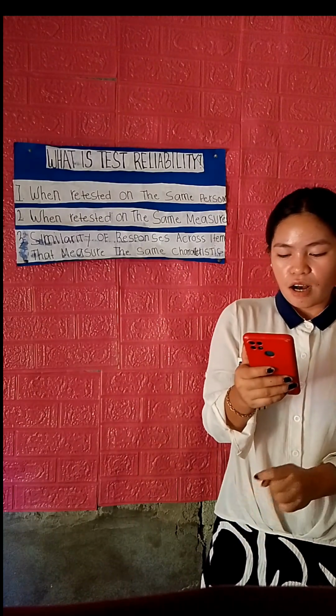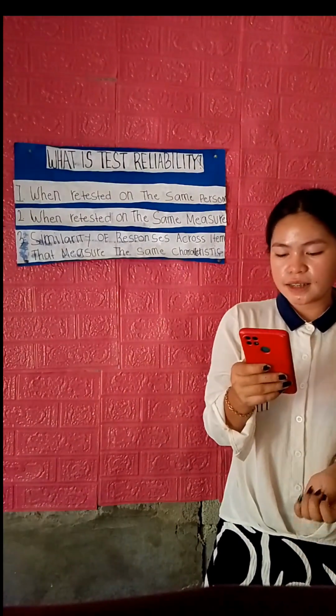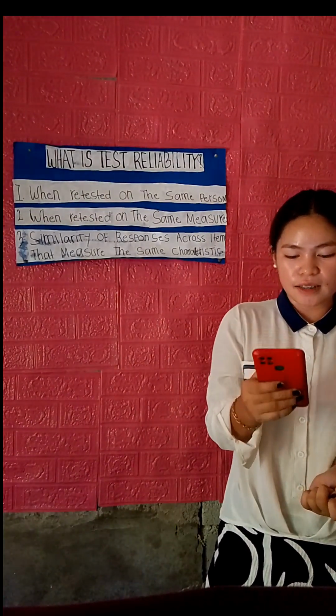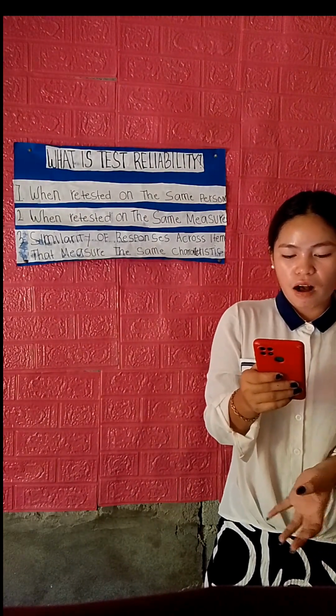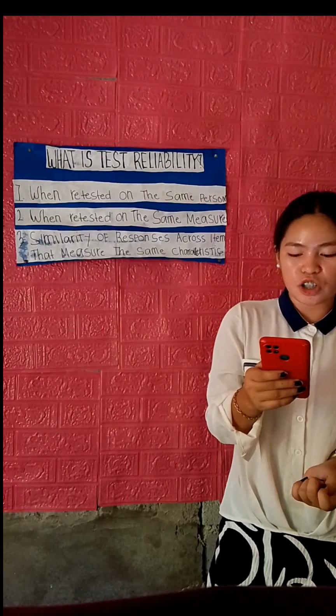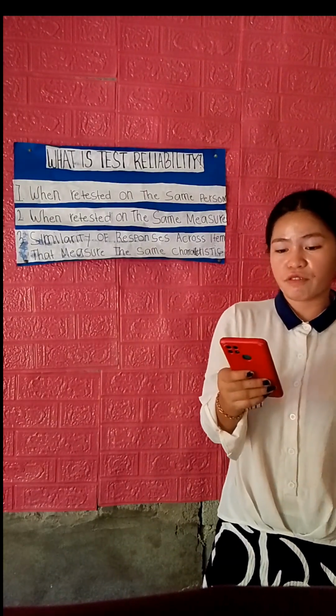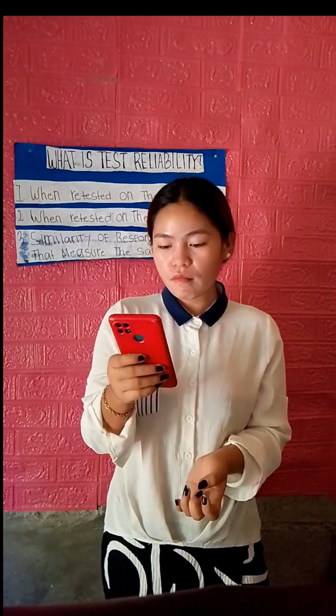For example, the color blindness test for trained pilots should have high test-retest reliability because color blindness is a trait that doesn't change over time. So yan yung second example ng number 2, the same measure.